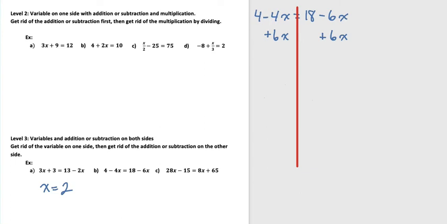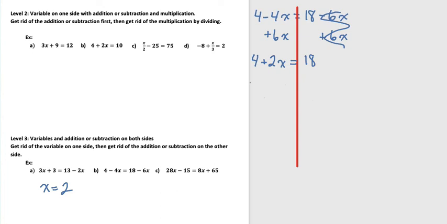If this is giving you trouble, use a calculator for this. Put in negative 4 plus 6. Make sure you include that negative sign. So we still have this first 4 here. Negative 4 plus 6 is a plus 2x equals, these 6 x's have gone away, 18. Now, let's deal with this 4 here.